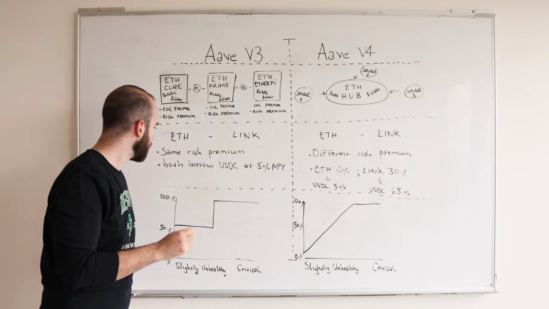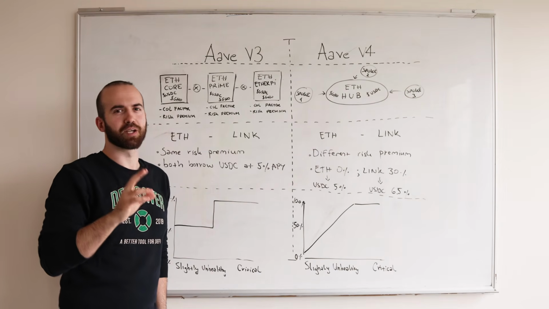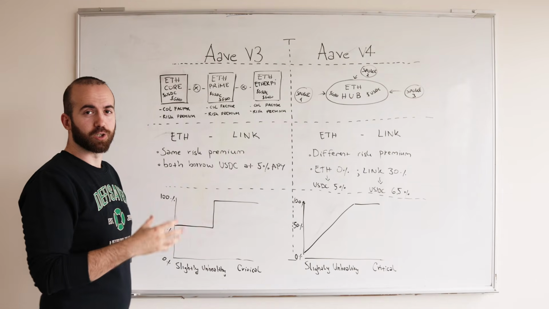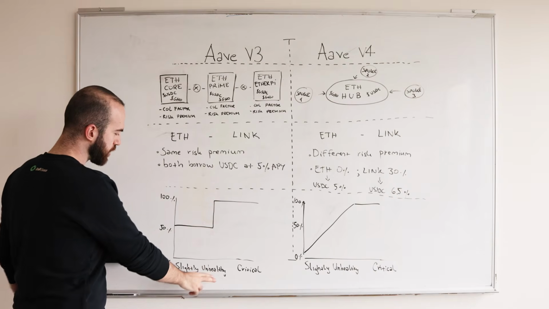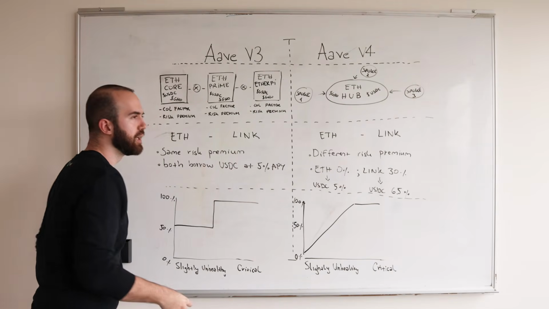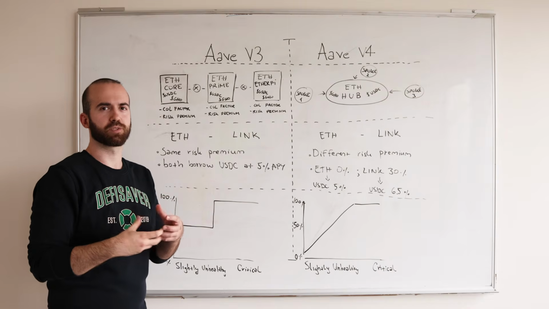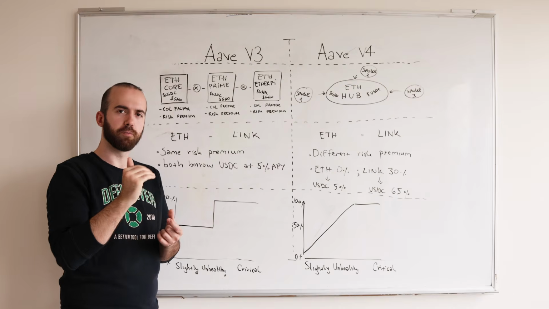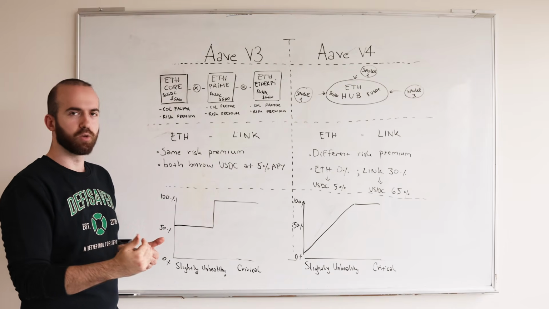Cool. So next up that I want to look at, I think we're staying on the topic of fair, is liquidations and how they work on Aave. So on V3, here we have a slightly unhealthy position and a critically unhealthy position. Well, on V3, the second your position becomes unhealthy, and unhealthy means that the health factor falls below 1, you can get liquidated for up to 50% of the position.